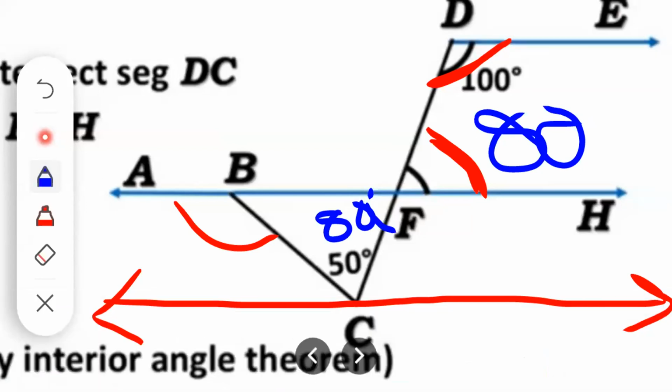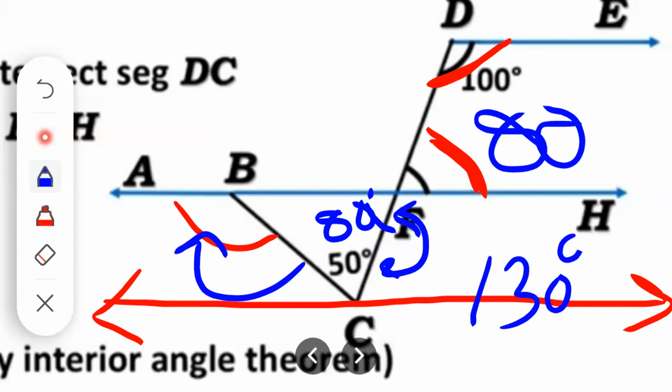By the remote interior angle theorem, the addition of those two angles will be equal to this one. So 80 plus 50 will be 130 degrees. So this angle ABC will be 130 degrees. You can use this property to find it.